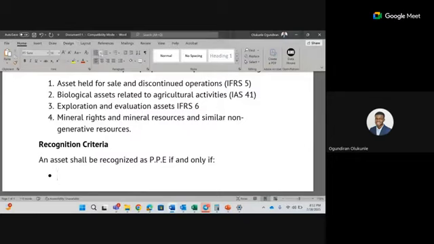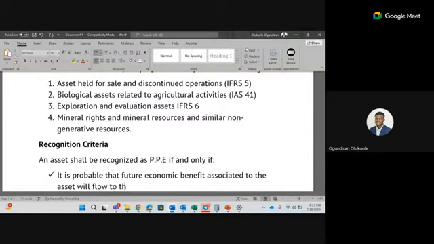One, it is probable that future economic benefit associated with the asset will flow to the entity.